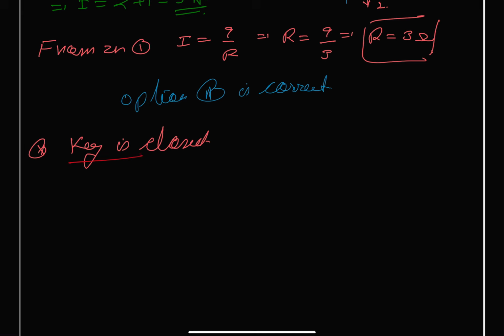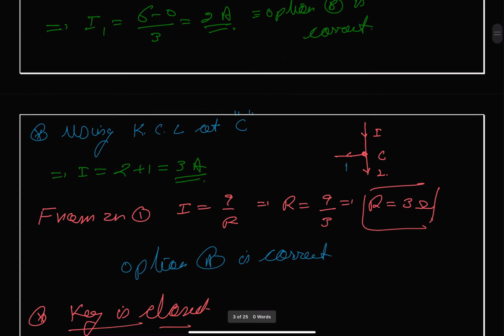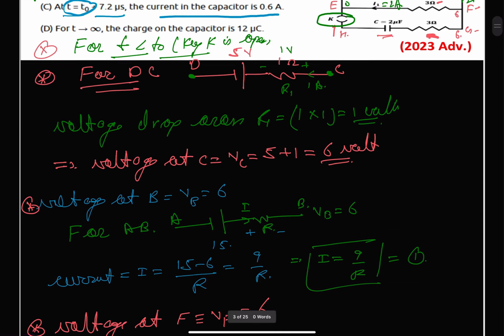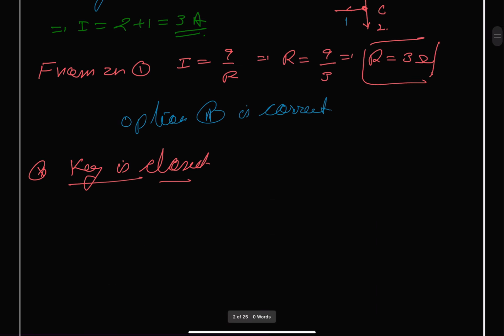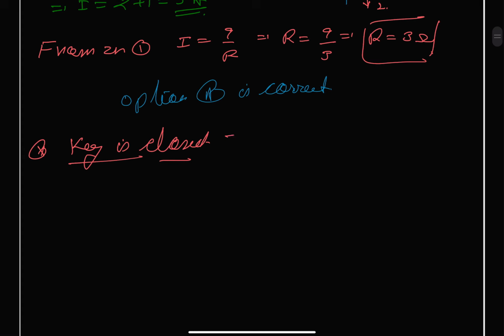So key is closed, and if key is closed, we are going to get a RC series circuit. So capacitor is going to charge through your resistance. So key is closed. Therefore this circuit will be coming up like this.